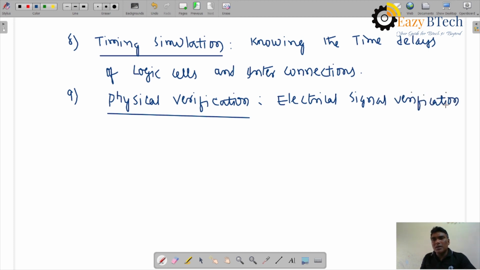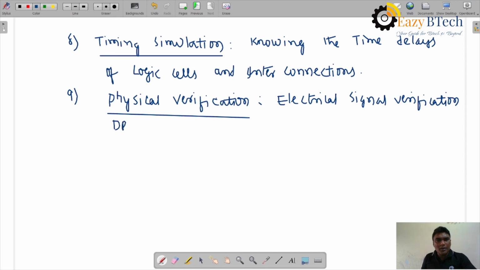What happens in the physical verification? After timing simulation of the logic blocks, now we verify the electrical signals through the logic blocks and do the DRC check, design rules checking.